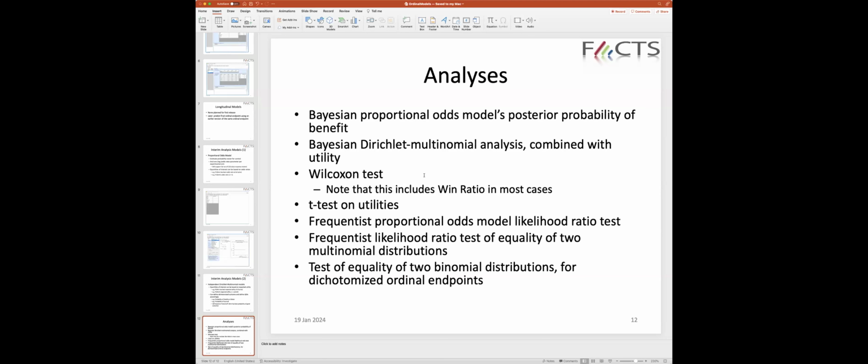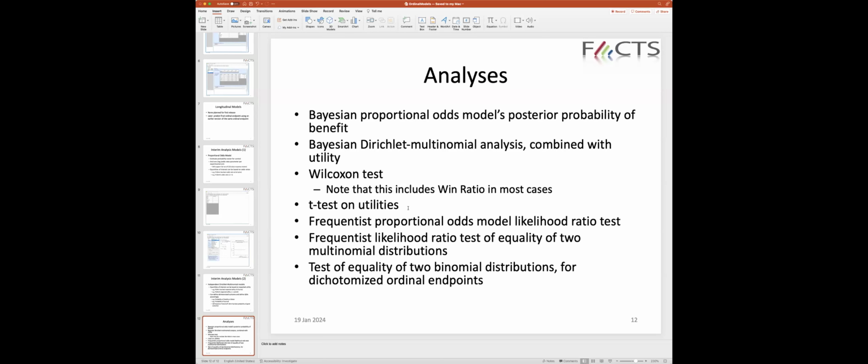So a good non-parametric test for ordinal endpoints. I guess at Berry Consultants, we see an increasing number of analyses using the so-called win ratio. And if that's implemented in an ordinal way, in a transitive way, I guess I should say, then it's equivalent to a Wilcoxon test. And so win ratio analyses in that case will also be supported.